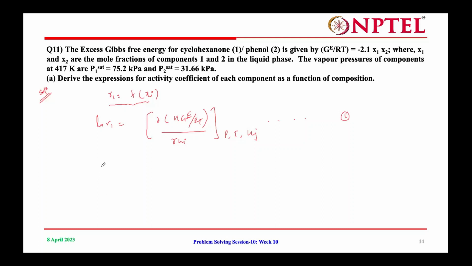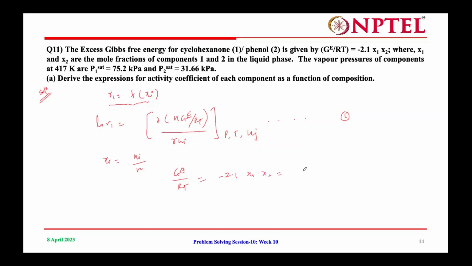Now the mole fractions total to 1, right? So GE by RT is given as minus 2.1 x1 x2.